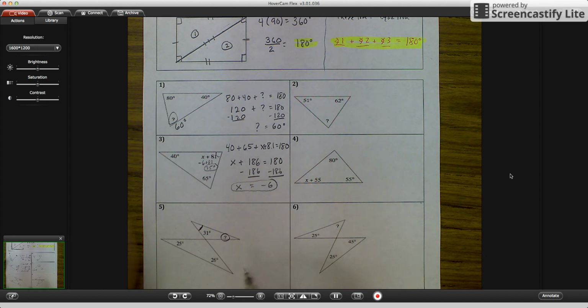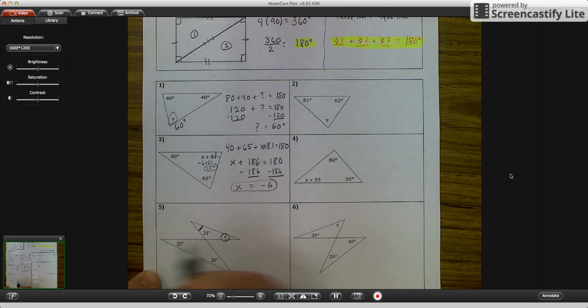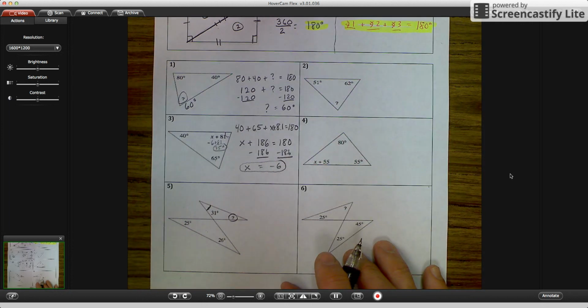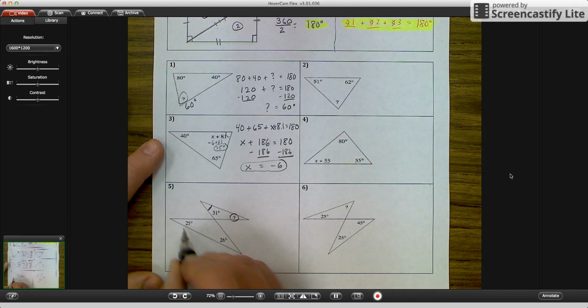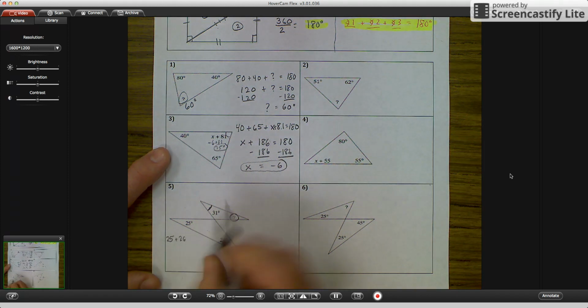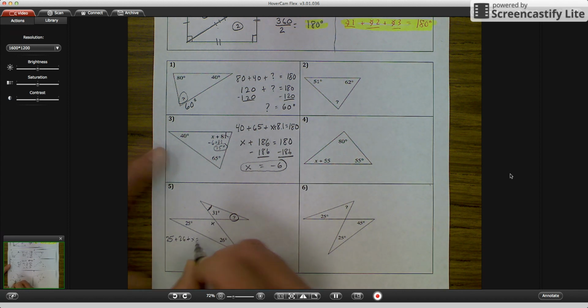The one thing we do know is that the bottom triangle is equal to 180 degrees. I'm going to slide it up a little bit for you. So in the bottom triangle, I'm going to say 25 plus 26 plus, and this one is x, equals 180 degrees.